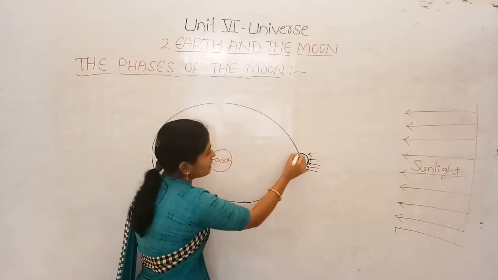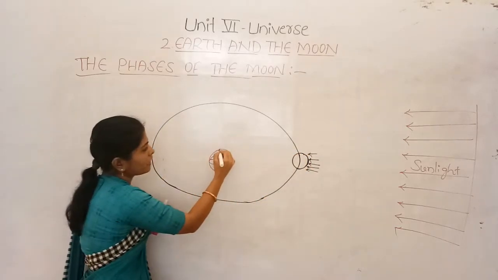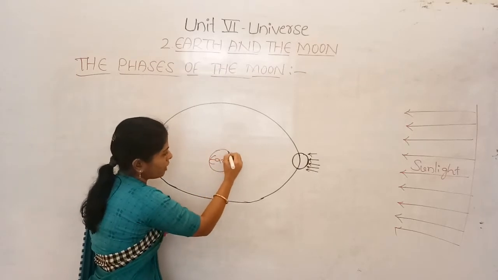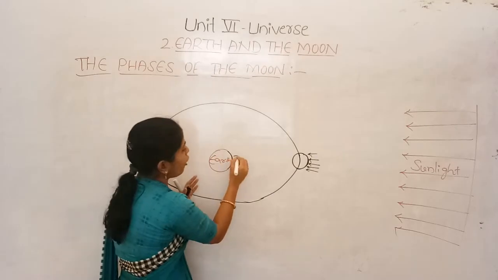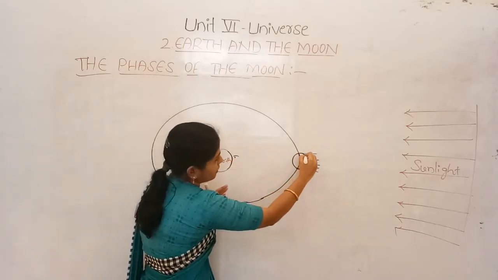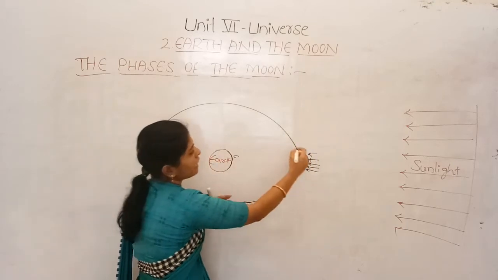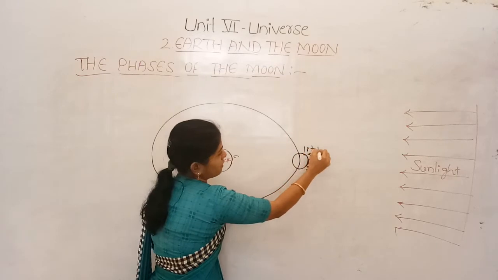But this surface which is facing towards the earth, we are here. We are in this part, on the surface of the earth. When we observe from here, the part behind the earth is the part having the light, called the lit part.